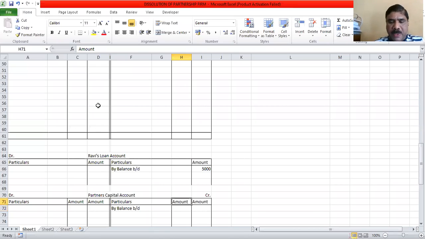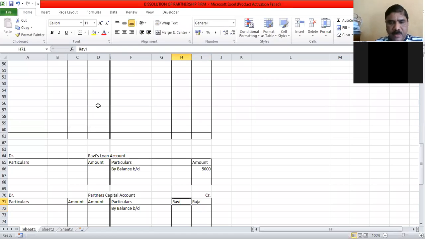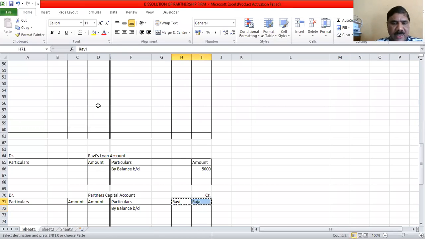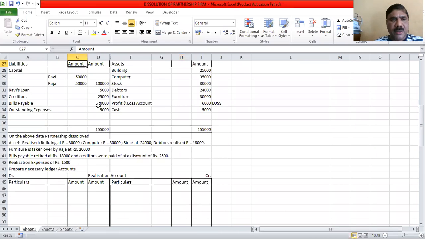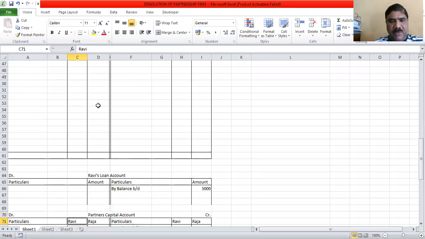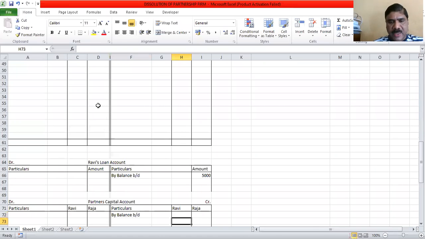The partners are Ravi and Raja, and we will mention their names. Ravi has a capital balance of 50,000, and Raja also has 50,000. They have equal capital balances. Hope it is clear.